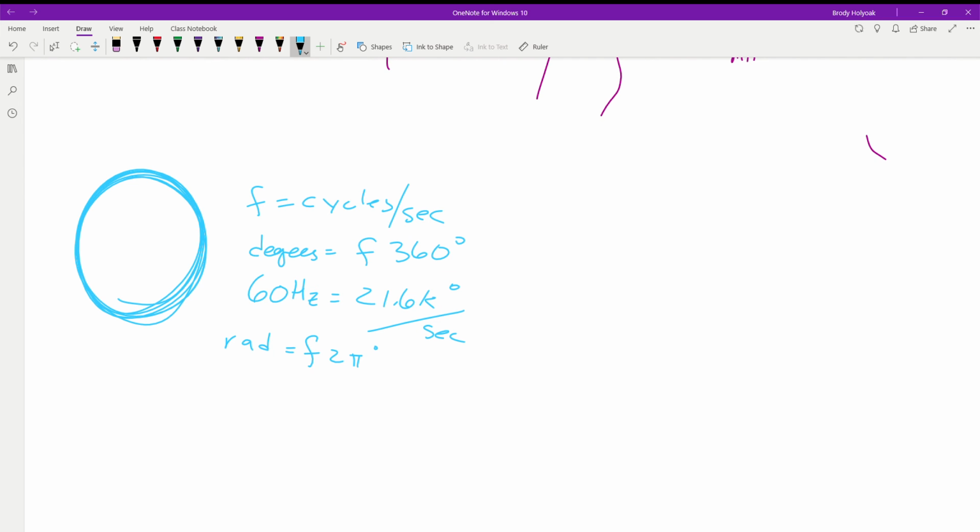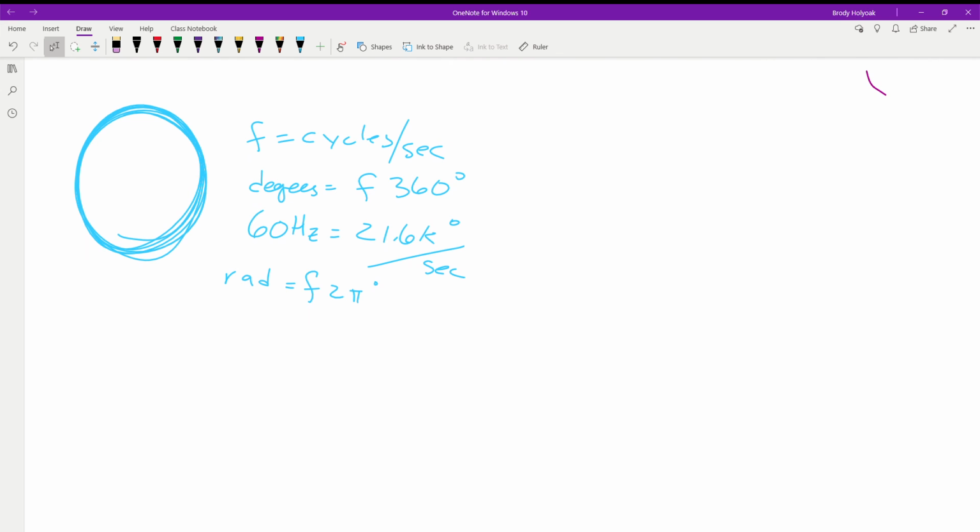Times 2 pi. Now the answer could be given to you in terms of pi or just a value. So let's solve for them. If we're still at 60 hertz, I've gone 120 pi rads per second, or I can carry that out to a full decimal.